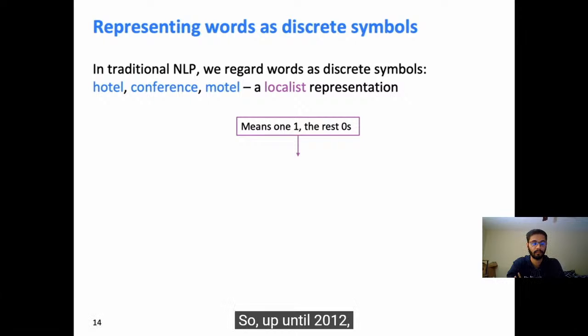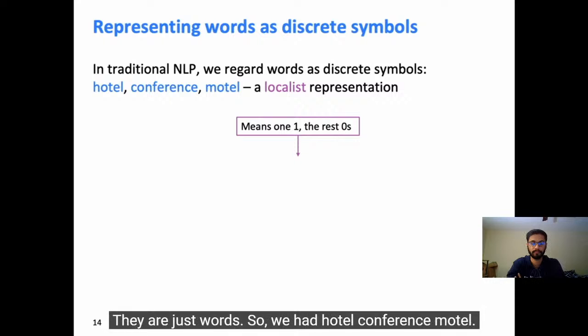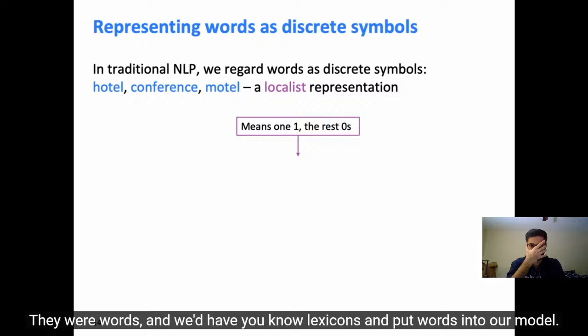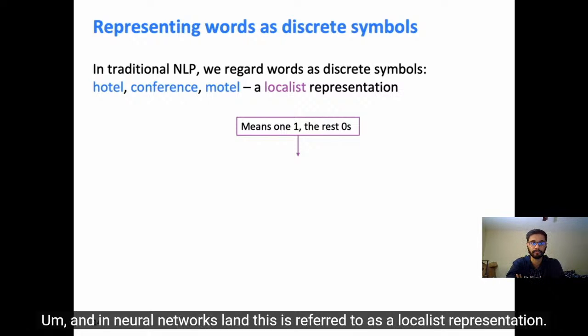So up until 2012, standardly, we had words. They're just words. So we had hotel, conference, motel, and we'd have lexicons and put words into our model. And in neural networks land, this is referred to as a localist representation.